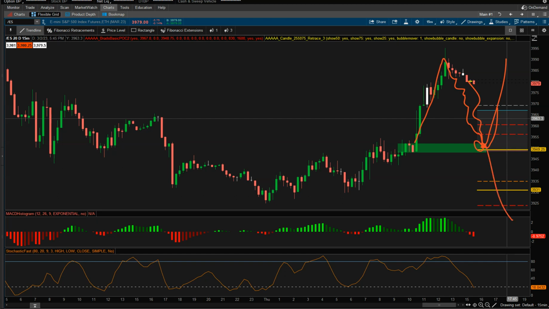Or it completely fails. It's the same logic as this pattern right here where price breaks higher, but then it comes back to retest this prior high, right? And then price takes off, price retests, comes back to that prior high, fills it in, and then goes up. And then we see it happen again here and so on, right?